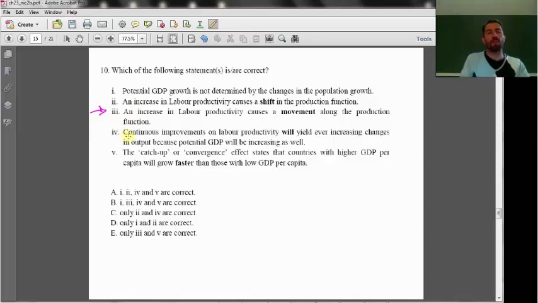Number 4, continuous improvements in labor productivity will yield ever increasing changes in output because potential GDP will be increasing as well. Number 5, the catch-up or convergence effect states that countries with higher GDP per capita will grow faster than those with low GDP per capita.